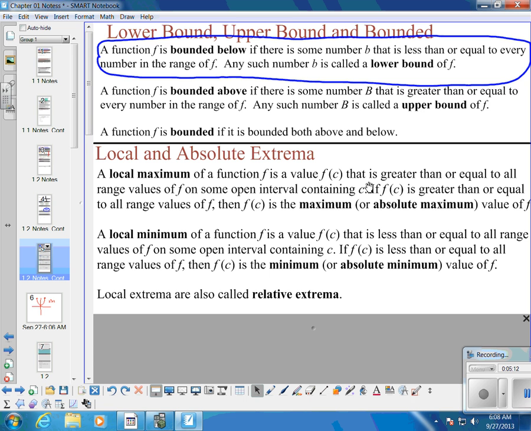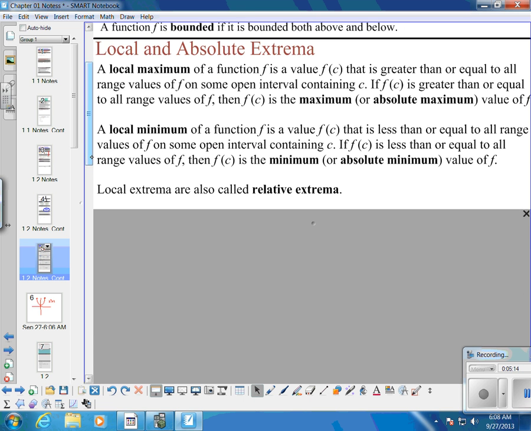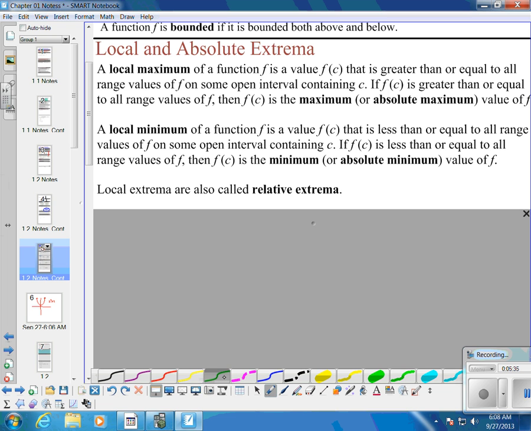What goes hand in hand with that are local and absolute extrema. You might have heard of these as local and absolute maximums and minimums. So basically, if you have a local maximum, that means that the graph kind of rounds off and has a hill to it at some point or at multiple points.